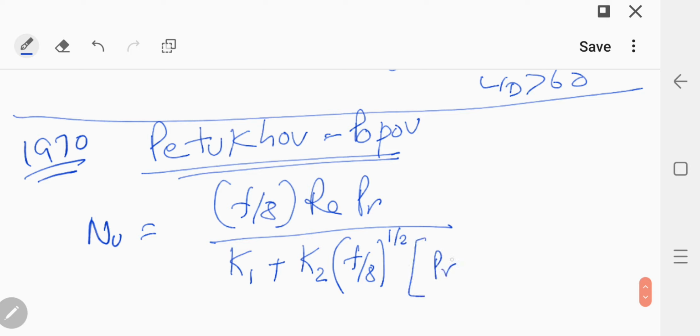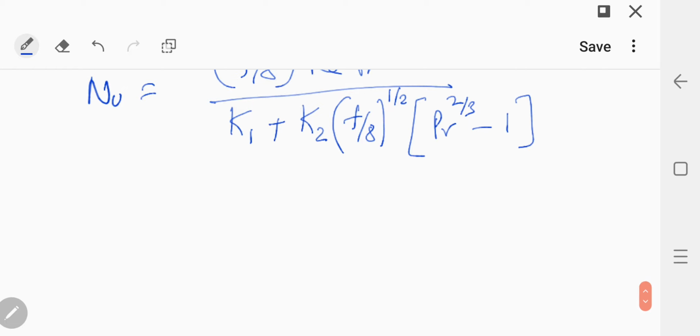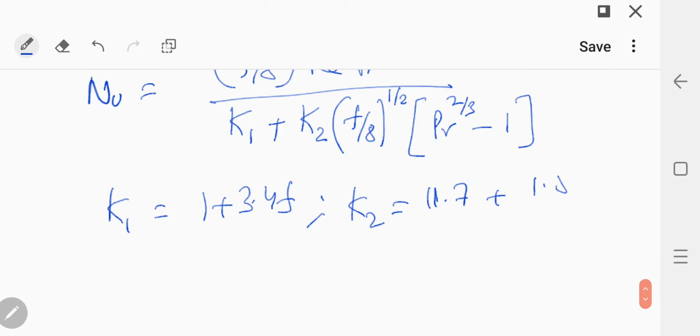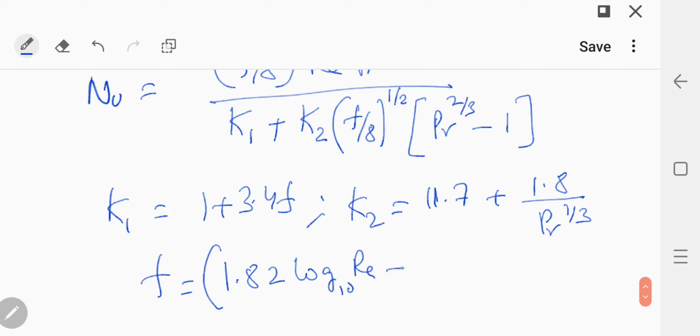f by 8 to the power one half and Prandtl number to the power 2/3 minus 1, where K1 is 1 plus 3.4 times f, K2 is 11.7 plus 1.8 over Prandtl to the power 1 by 3, and friction factor f is (1.82 log to the base 10 of Reynolds number minus 1.64) raised to power minus 2.